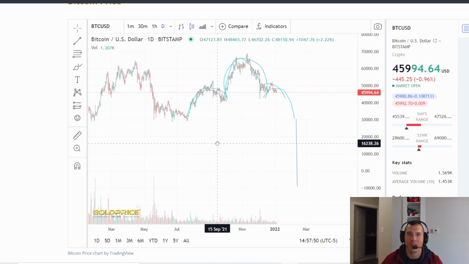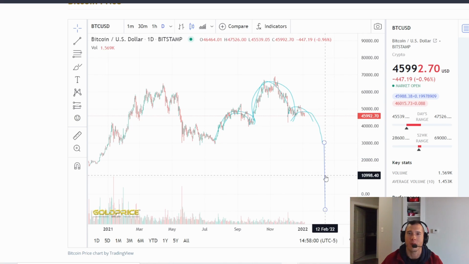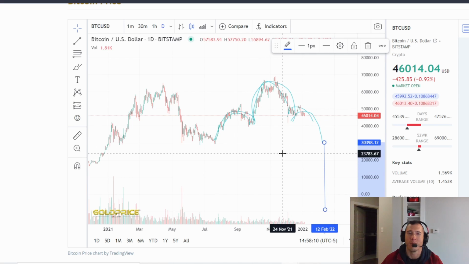But again, like I said, I have my thoughts on TA, but it does tend to be a self-fulfilling prophecy for a lot of people. People look at these things, and then they act accordingly, and it tends to play out. And computers and algorithms trade off of this information the same way as anything else.